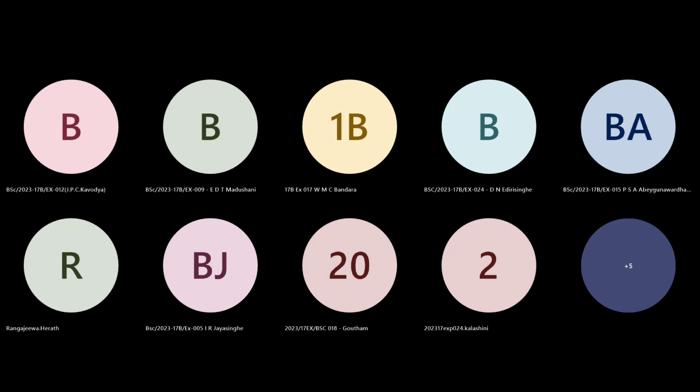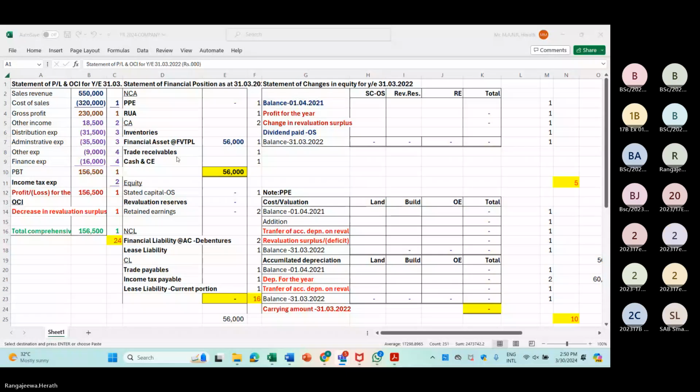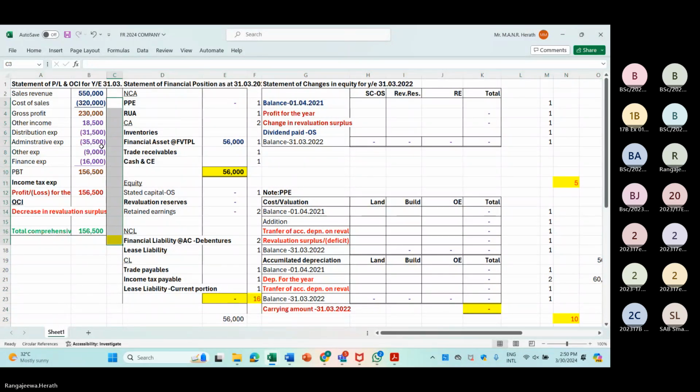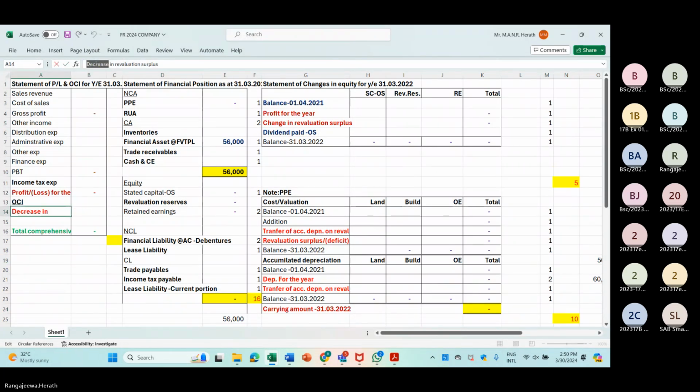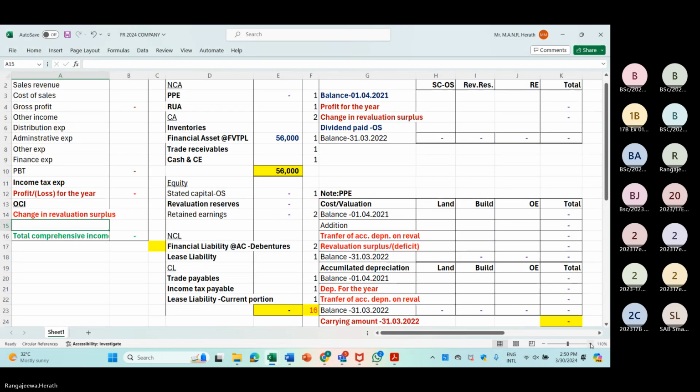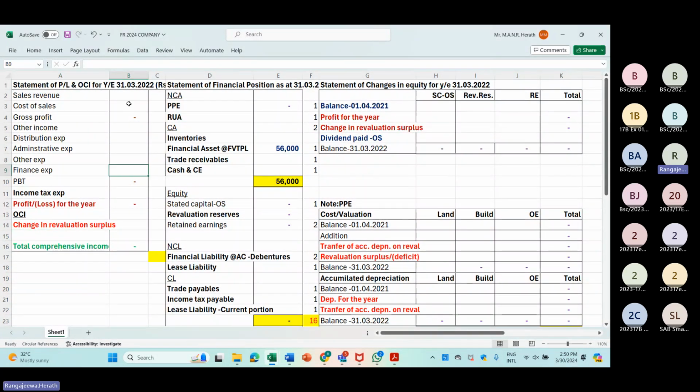Right, so we'll take this. Normally, we need the statement of profit or loss for the year ending 31st March 2023.